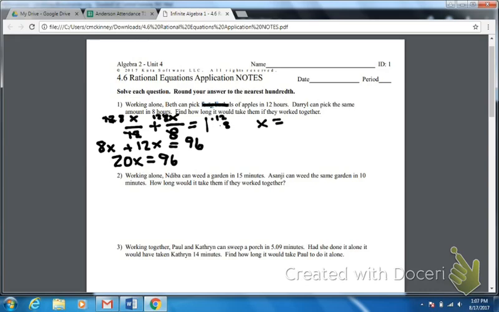So x is equal to 4.8. So together, it takes how many hours? 4.8 hours.